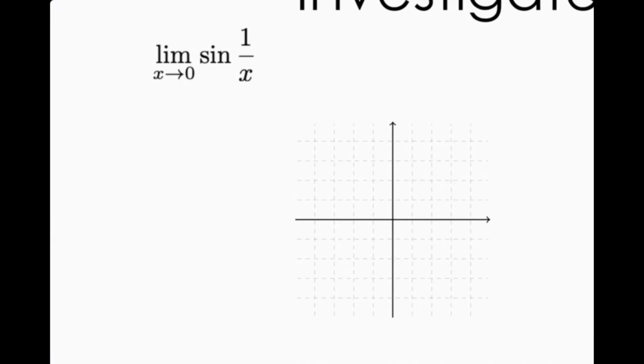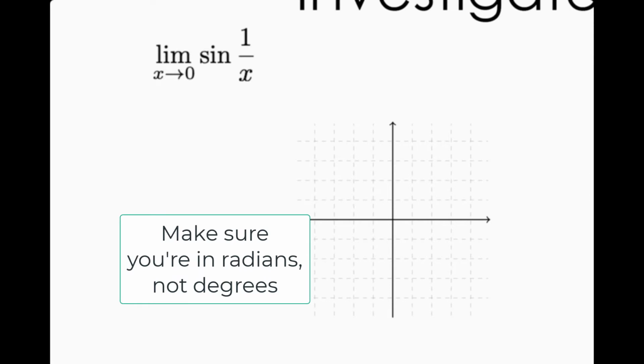I want to play with this function now, and I want you to do it on your calculator also. So I'm going to go to y equals, and I'm going to enter in sine of 1 over x. And I'm going to go zoom 6. That's the standard window.